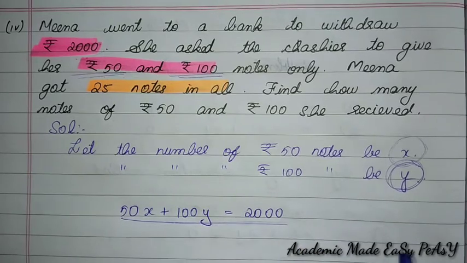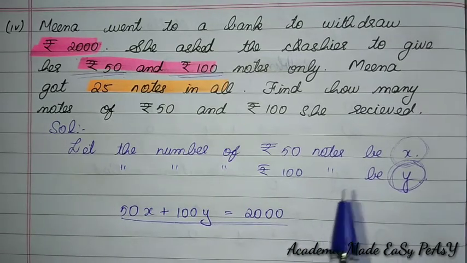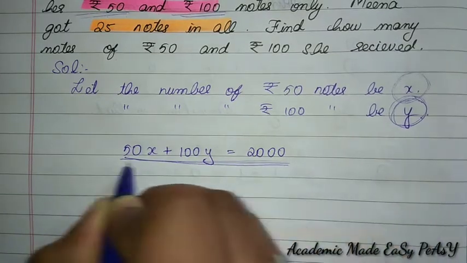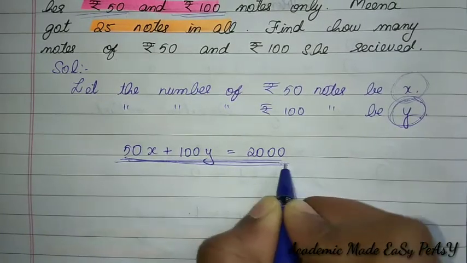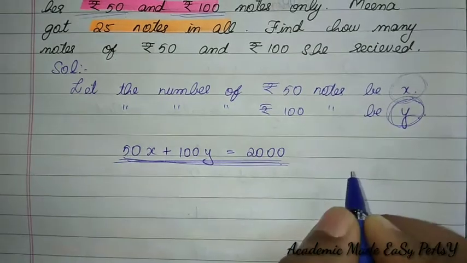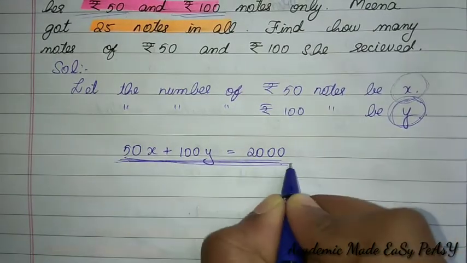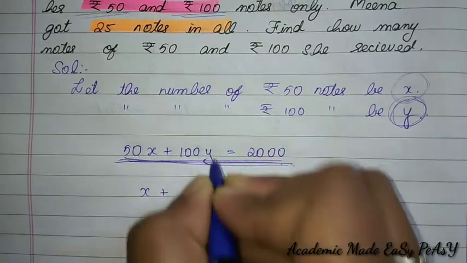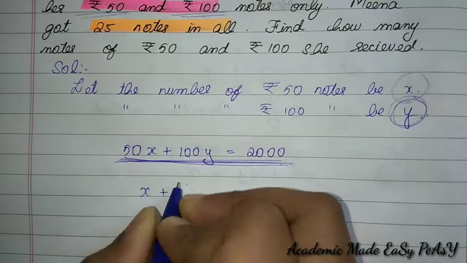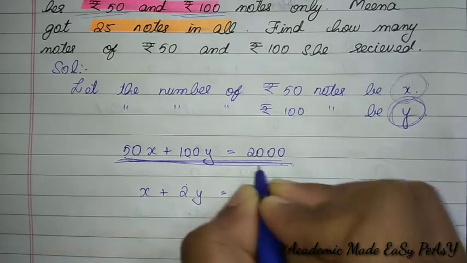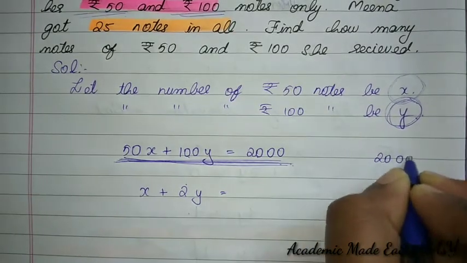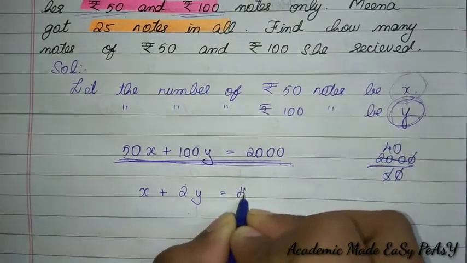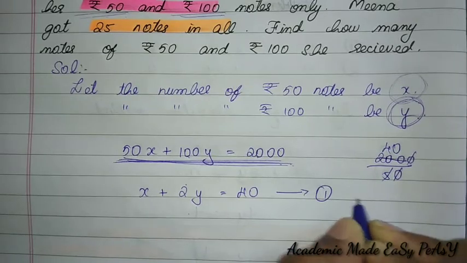If you want, you can just leave it like this, or else you can simplify. If you look at this equation, everything is a multiple of 50. So we can divide throughout by 50. So 50 by 50 is 1, so x plus 100 divided by 50 is 2, so 2y is equal to 2000 divided by 50, which is 40. So this is equation 1.